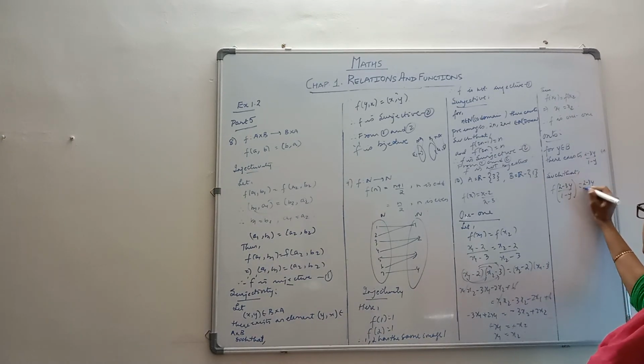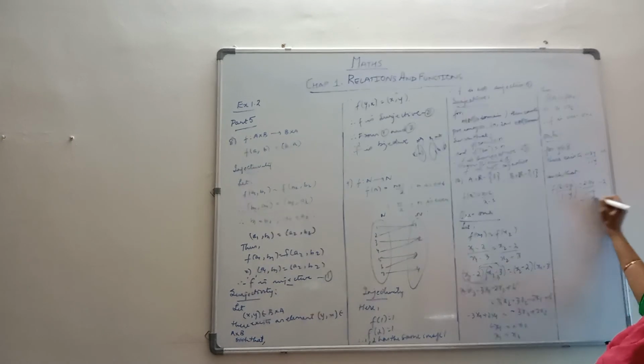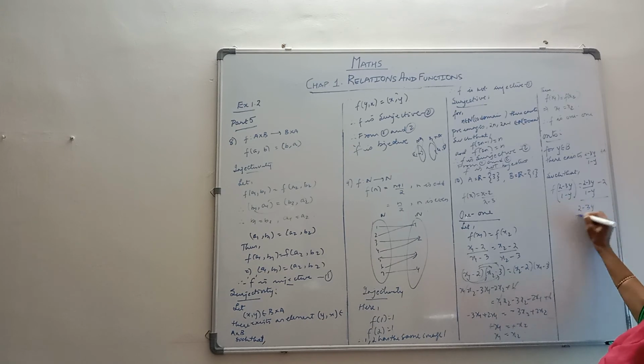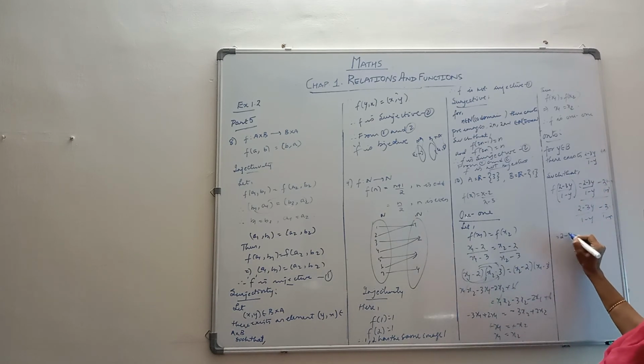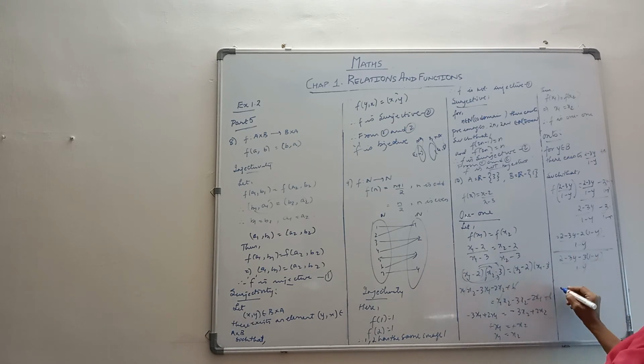(2 minus 3y) by (1 minus y) minus 2, by (2 minus 3y) by (1 minus y) minus 3. You have to equalize the denominators. So (2 minus 3y minus 2 times (1 minus y)) by (1 minus y), and (2 minus 3y minus 3) by (1 minus y), whole by (1 minus y). The 1 minus y cancel.